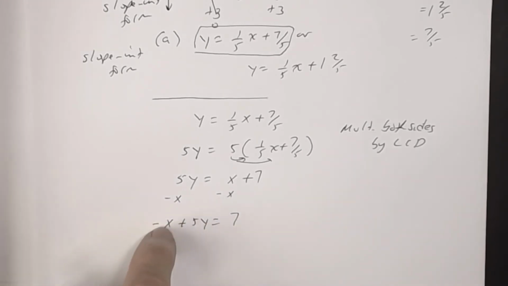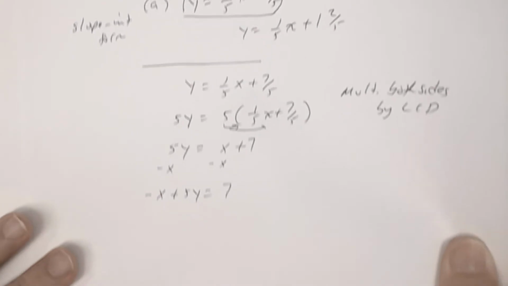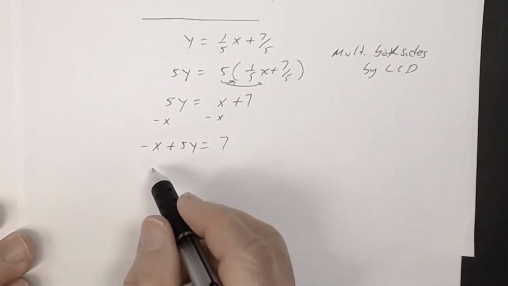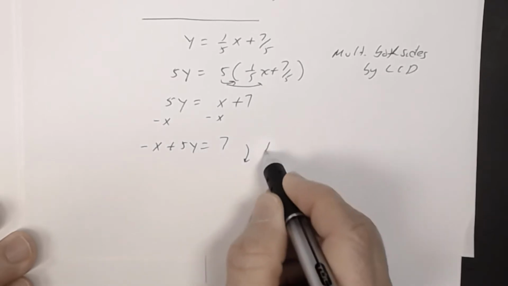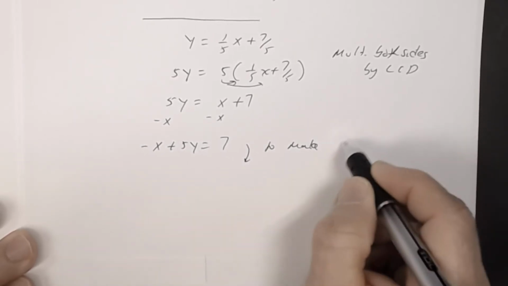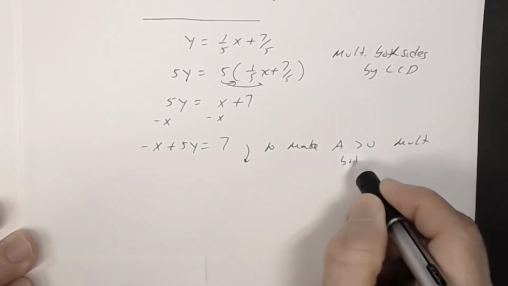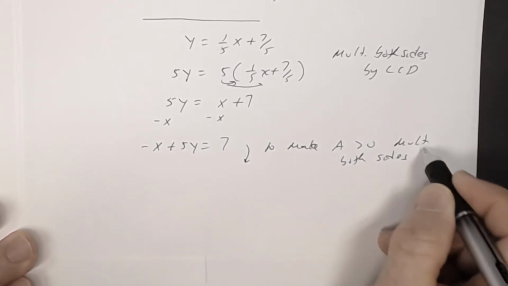But the problem is that x must have what kind of coefficient? Positive. And all you do then, mathematically, is multiply both sides by -1. So to make a positive, multiply both sides by -1.